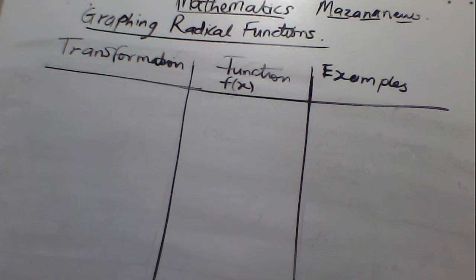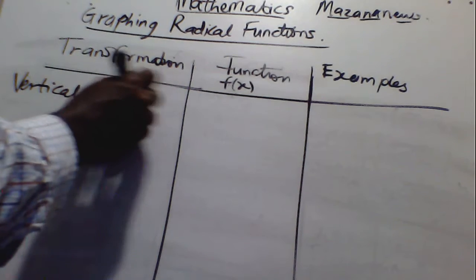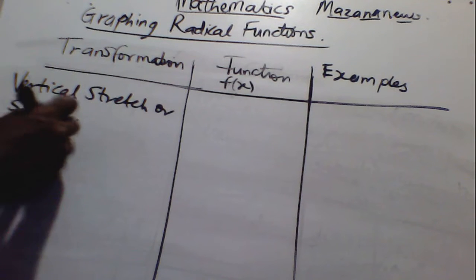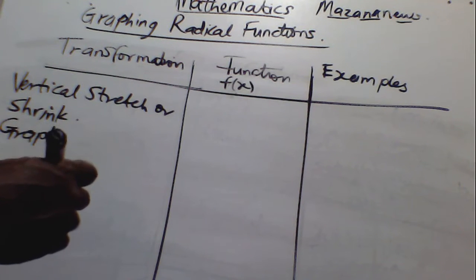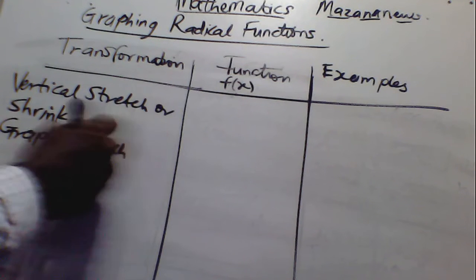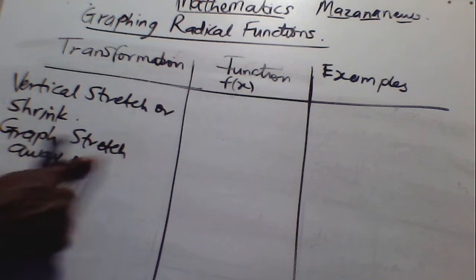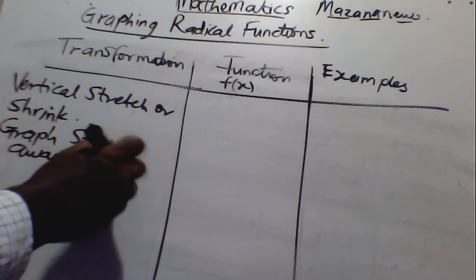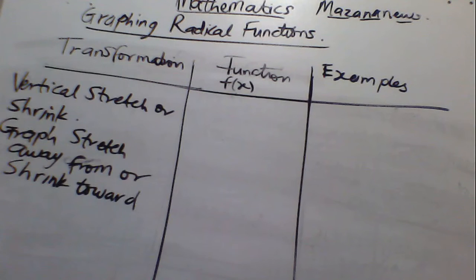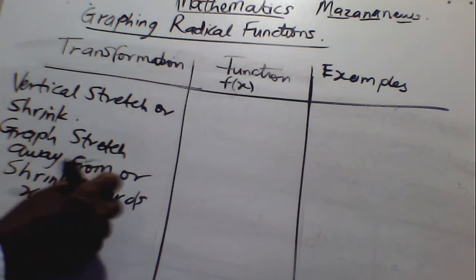Let's continue. Vertical stretch or shrink: the graph stretches away from or shrinks towards the x-axis.